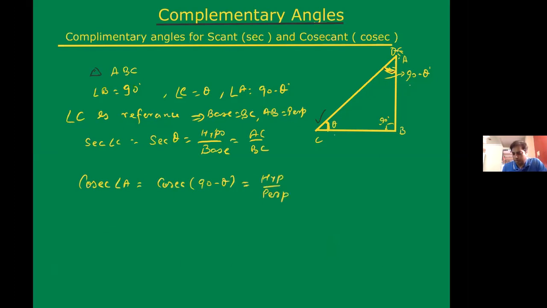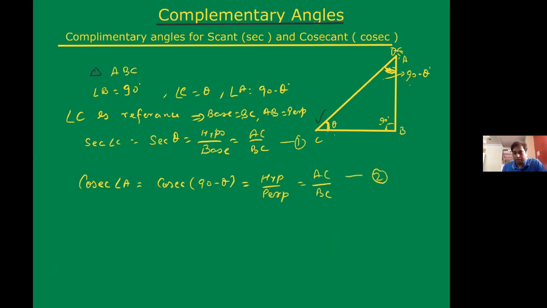Hypotenuse is AC. Taking this angle as the reference angle, adjacent to it will be the base, so AB is the base and BC is the perpendicular. So AC by BC. This is equation number 1, and this is equation number 2.